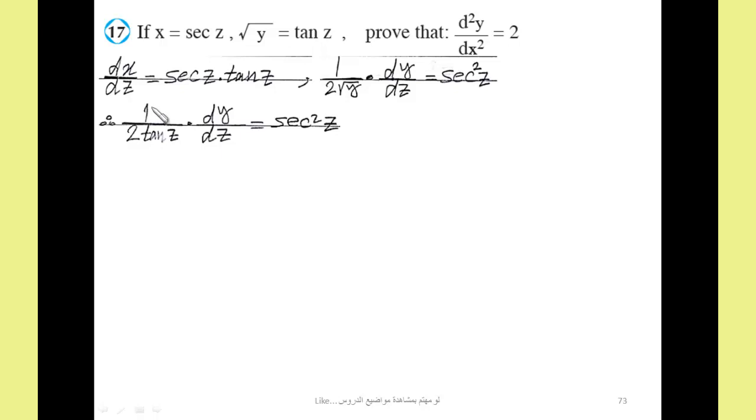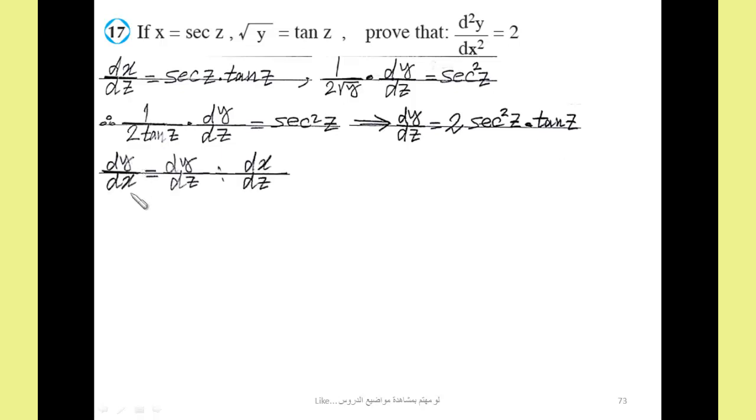So we write 1/(2 tan z) instead of root y, times dy/dz equals sec² z. So we can deduce that dy/dz equals sec² z divided by 1/(2 tan z). So dy/dz equals 2 sec² z tan z.